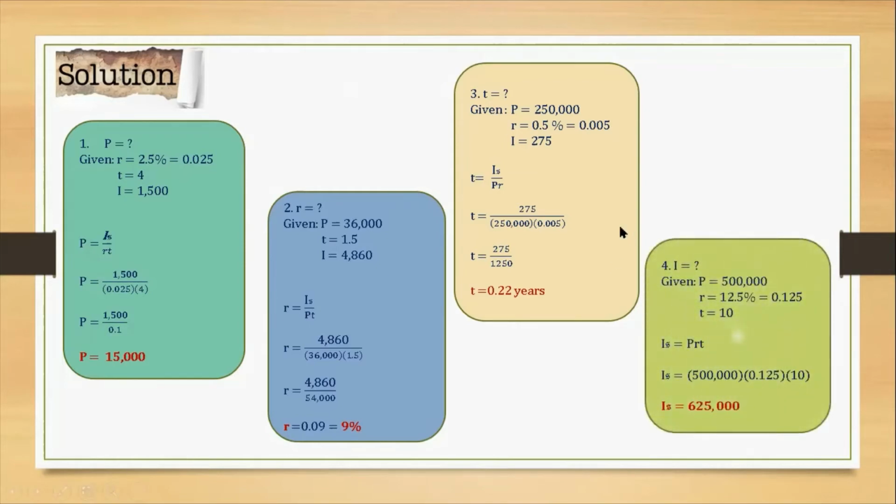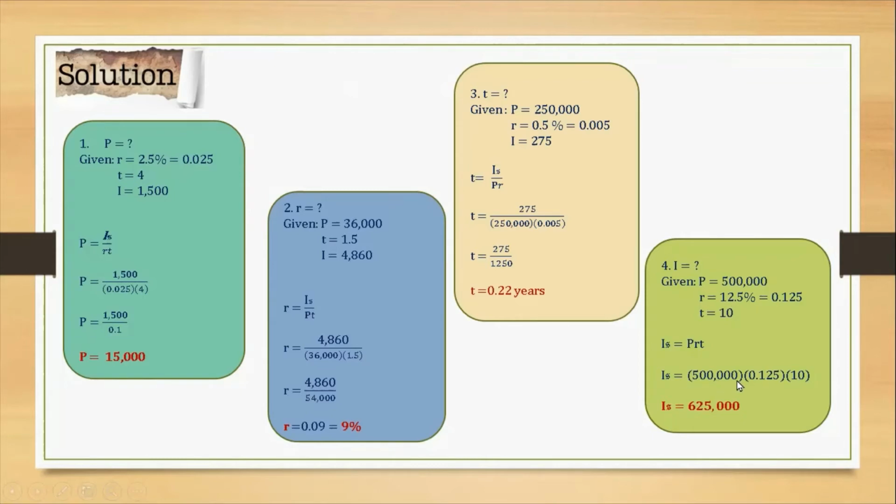How about the last given? We're looking for the interest now. And for interest, that's I, or interest, is equal to principal multiplied to rate and multiplied to time. We have it there the given, P, which is 500,000, rate, which is 12.5%, or equal to 0.125, and time, which is 10. And substitute these given.